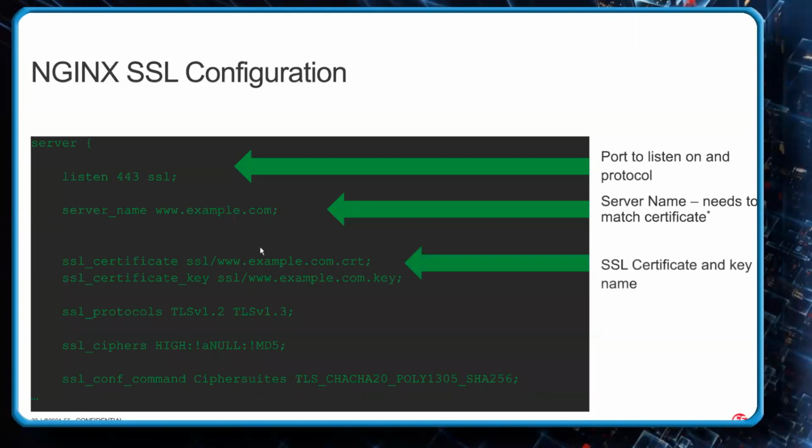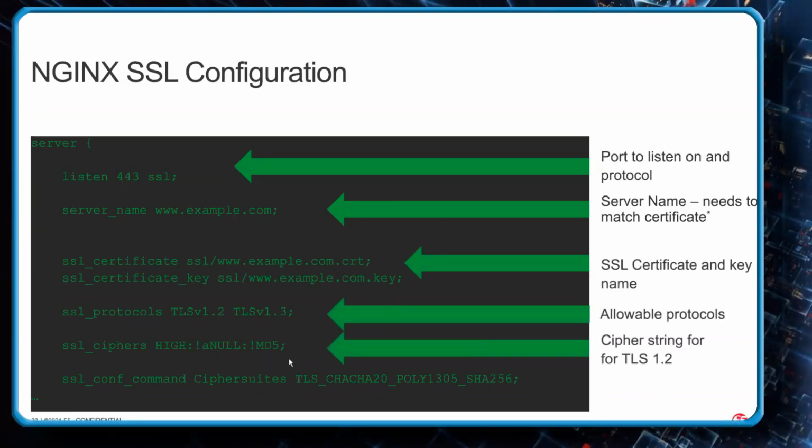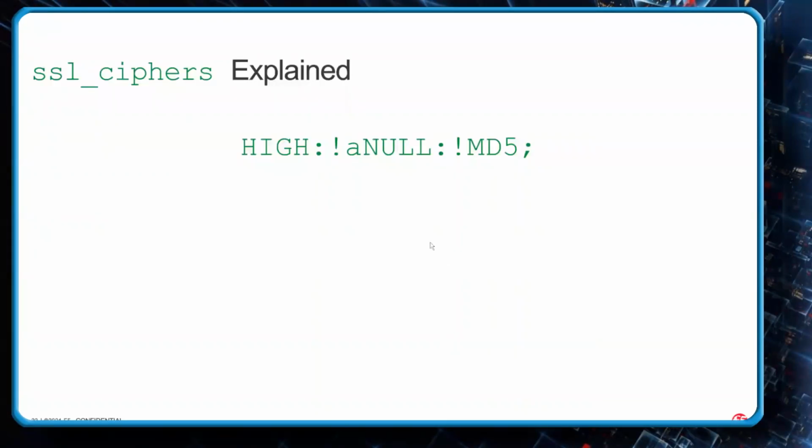The certificate and key we've covered, the available protocols we've covered, and the cipher string for TLS 1.2 and 1.3. This is a TLS 1.2 cipher string explained very simply from a bird's eye perspective. It's specifying some ciphers to use.